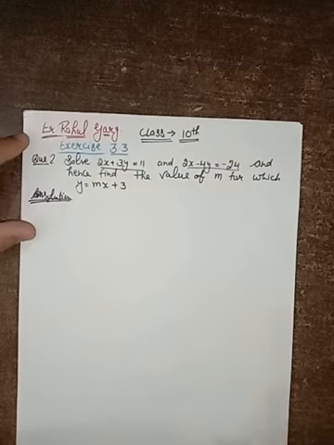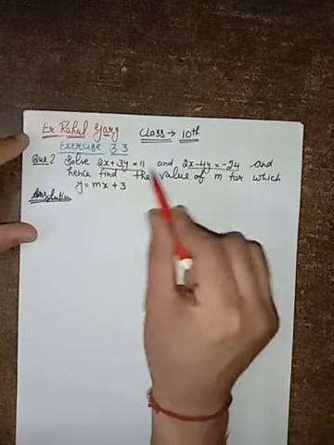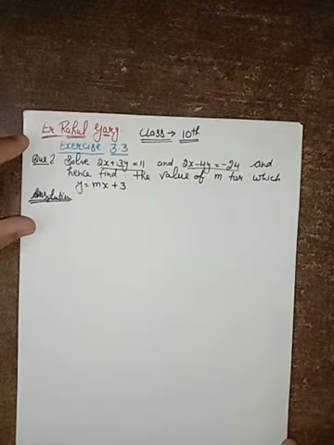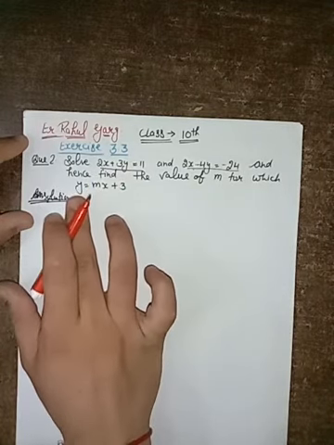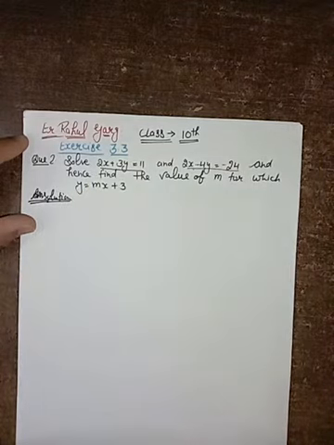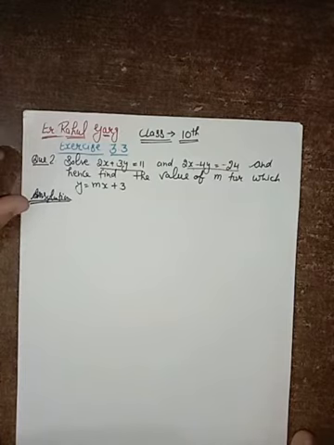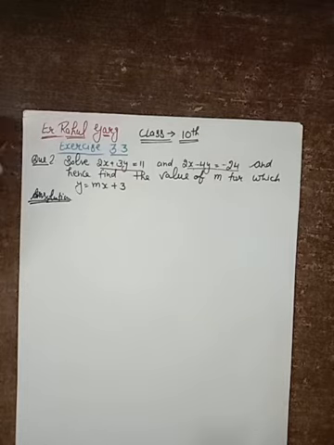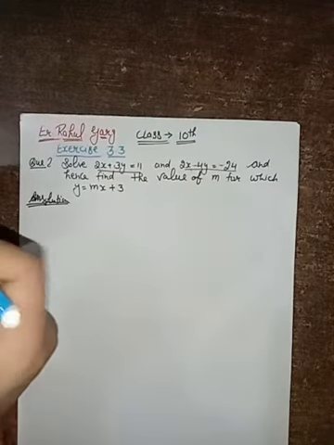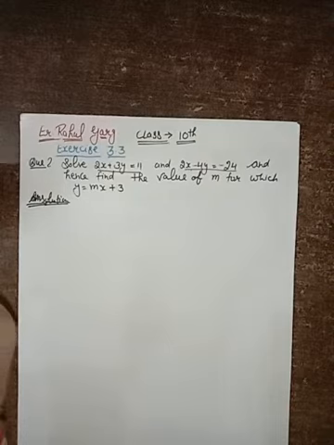It means firstly you have to solve these two equations and find the value of x and y, and then put that value of x and y in the equation y equals mx plus 3 and find the value of m. I am not doing the complete solution of this question at this time. I am just providing you the hint and then you have to solve the question yourself.